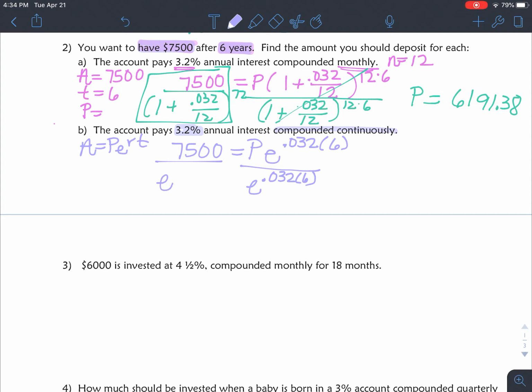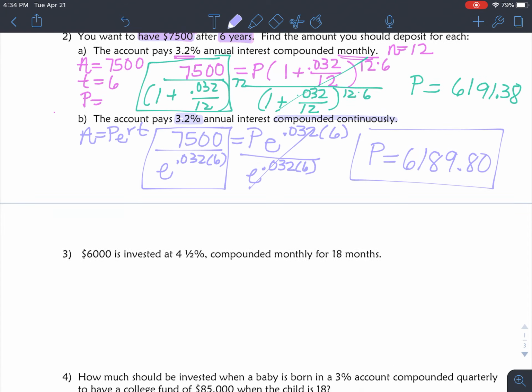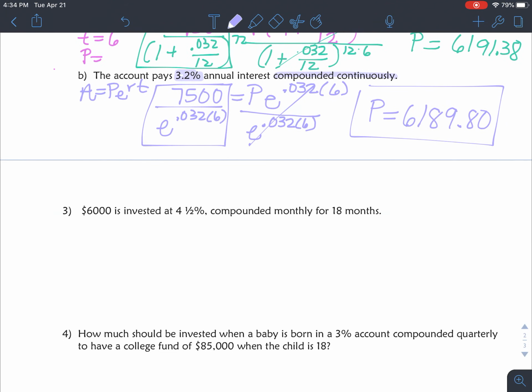Divide by e to the 0.032 times 6. P would then equal whatever that is. And in that case, I got P to be $6,189.80. Again, check my work. Check for careless counting mistakes.